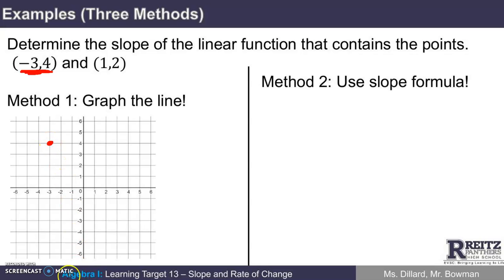Maybe I'll then also take the point 1, 2, start at the origin, go right 1 and up 2. And the line that contains those 2 points is the line right through here.